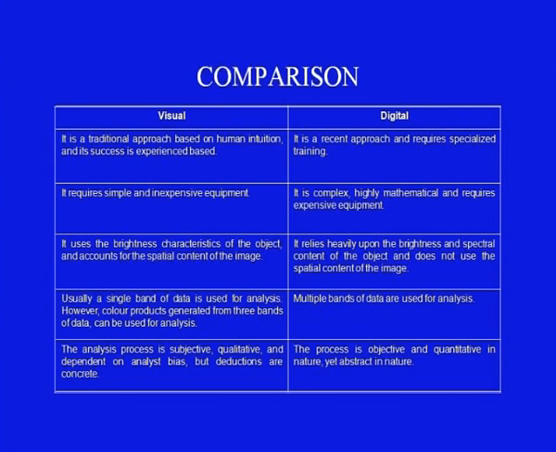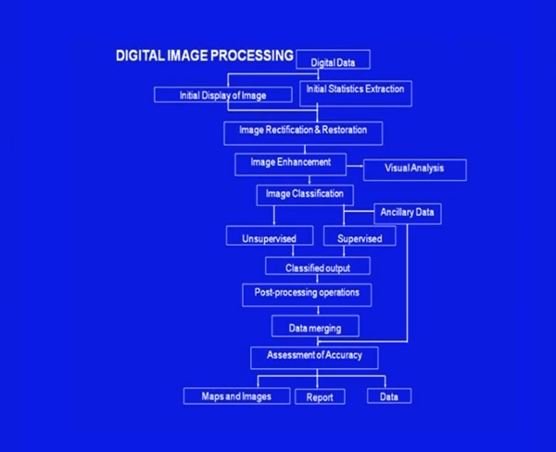So, now let us look at the process or the sequence of activities which are required in digital image processing. First of all, the data is going to be in digital form, that is, it can be read by a computer.